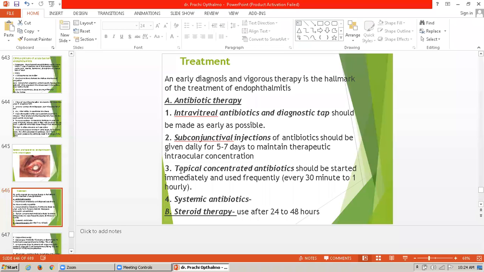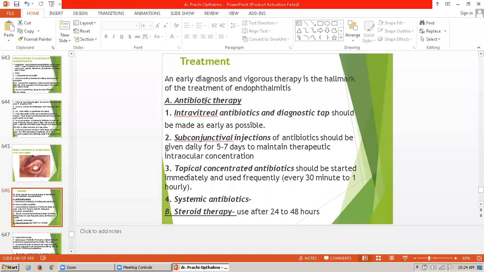Third, topical concentrated antibiotics should be started immediately and used frequently, every 30 minutes to 1 hour. Fourth is systemic antibiotics, and then steroid therapy, which is used after 24 to 48 hours.